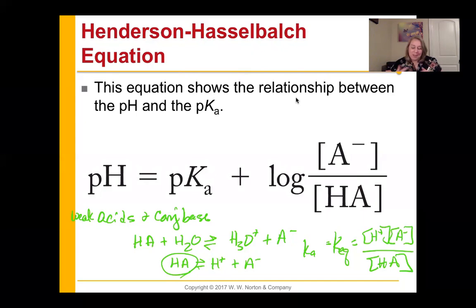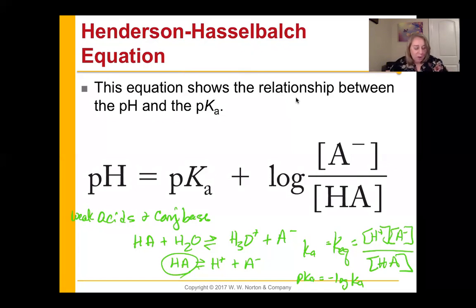So pKa is the negative log of the Ka, right? Because it's not going to dissociate very much, that Ka is not going to be very big. So it's just easier to work with that way.